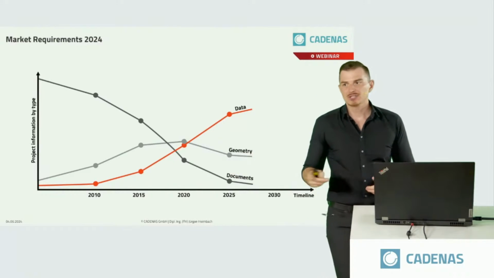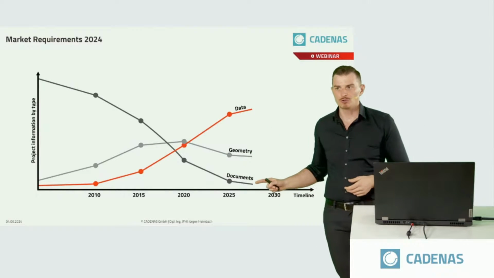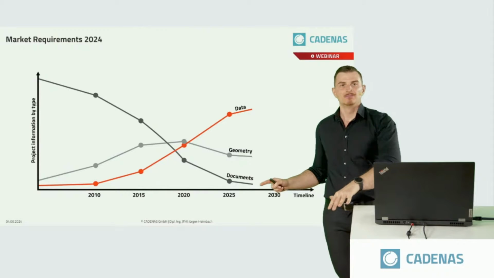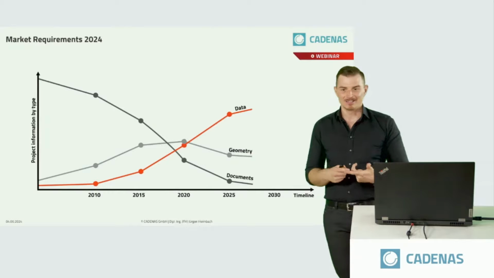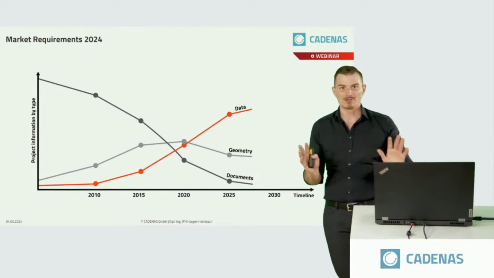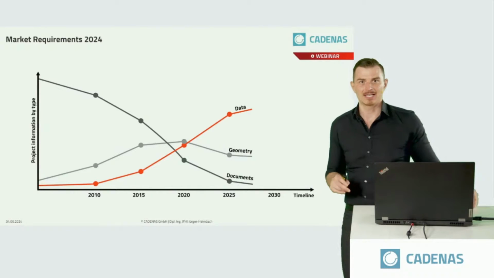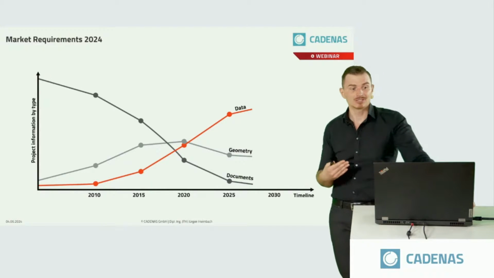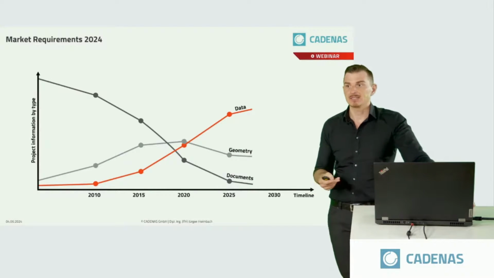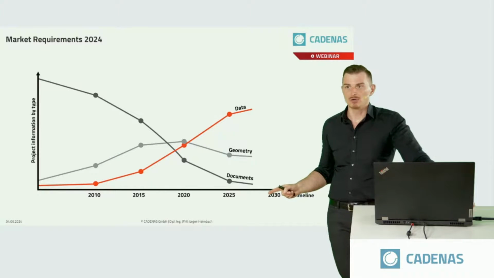But nowadays, you see the interest in documents goes really down. Also in the mechanical field. If you ask somebody, hey, you want to have a catalog, nobody even takes a catalog. Maybe they want it as a PDF, or they say, hey, can I have it digital? You have kind of a product finder. So documents really go down.